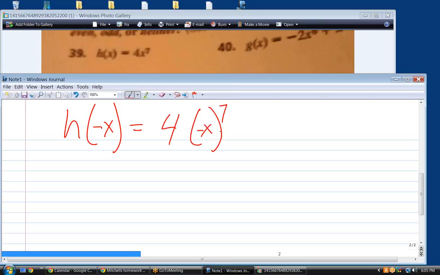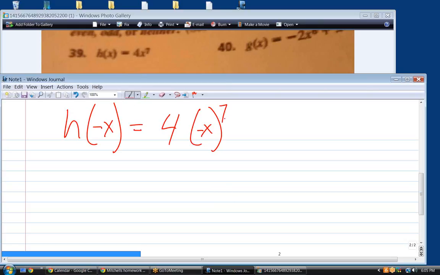Like that. And always use parentheses when you do this substitution. Because, for one thing, that's not the same as this. If I omit those parentheses, well, actually it is, as long as the exponent is odd. But if the exponent was even, it wouldn't be the same.